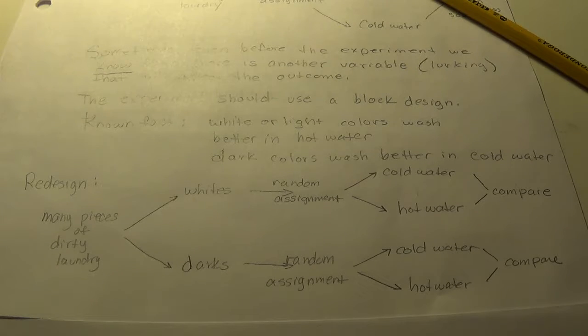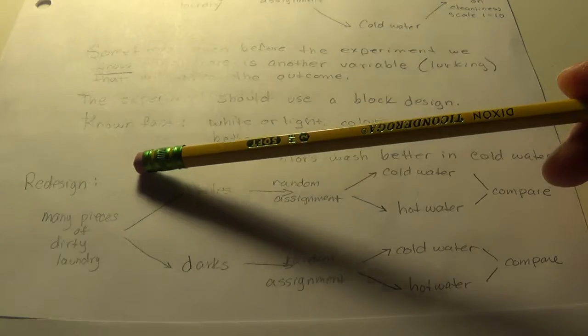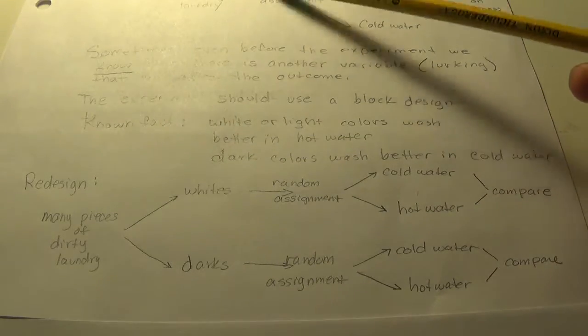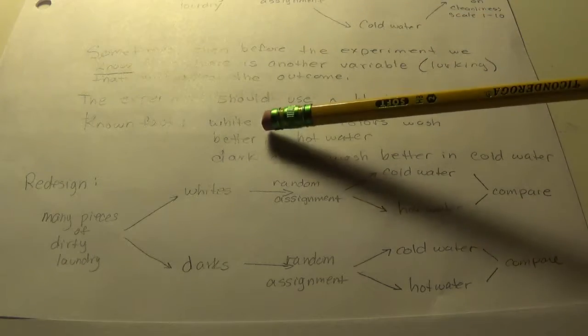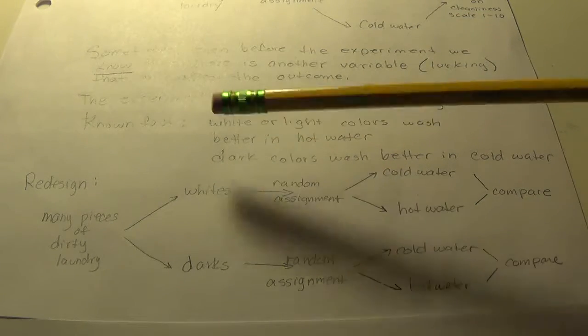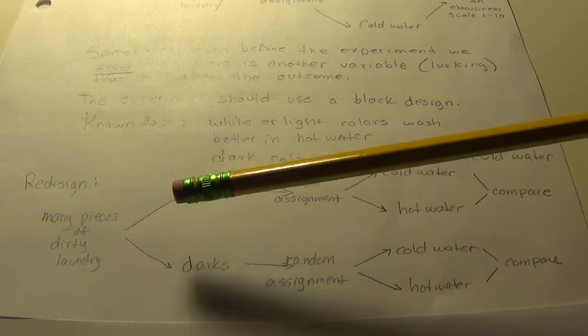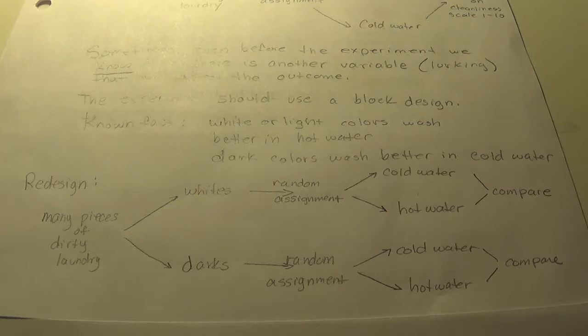Alright, so I'm going to redesign my experiment, and this up here was a randomized experiment. It had some merit, but since I know that certain items wash better in hot and others wash better in cold, I'm going to use a block design to actually prevent the variation from that known fact.